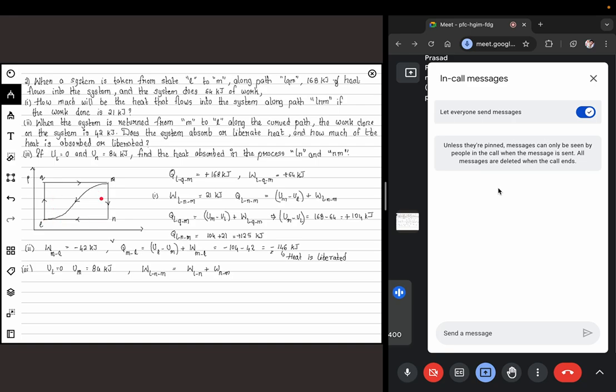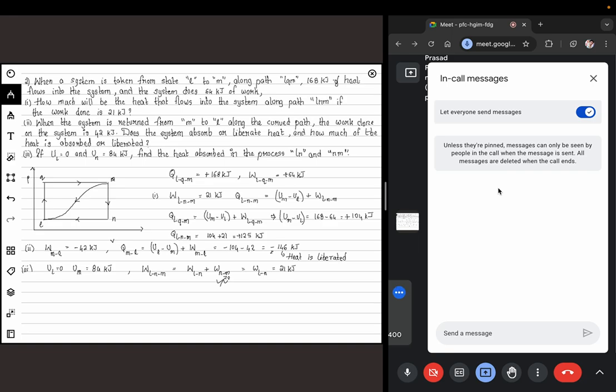Along the process LNM, I'm just dividing it into two parts: the area under the first part LN and then the NM part. Since NM is a constant volume process, W_NM is 0, so this equals W_LN, which we already had as 21 kilojoule.